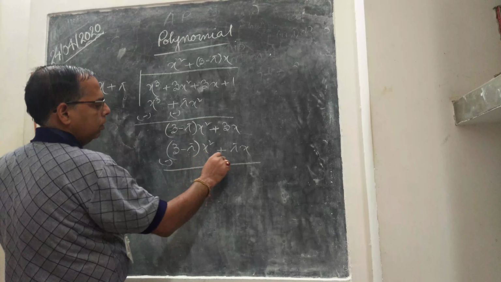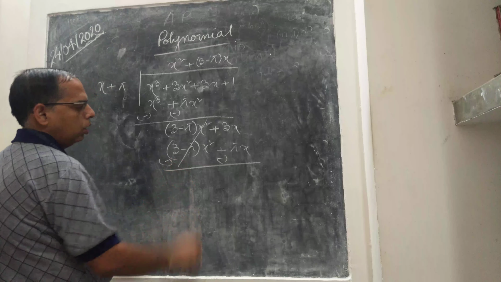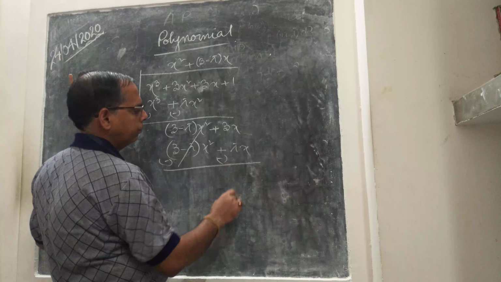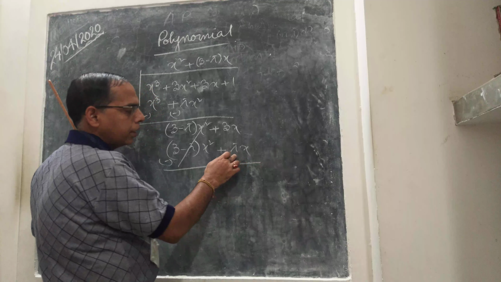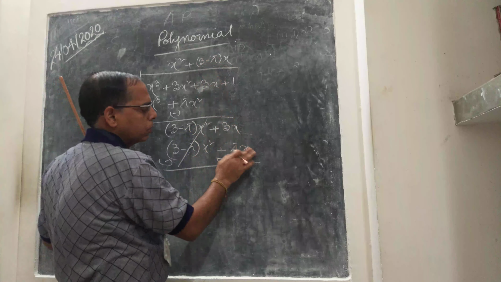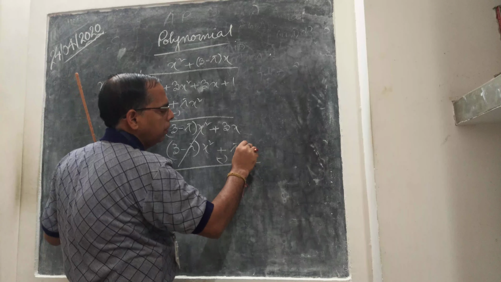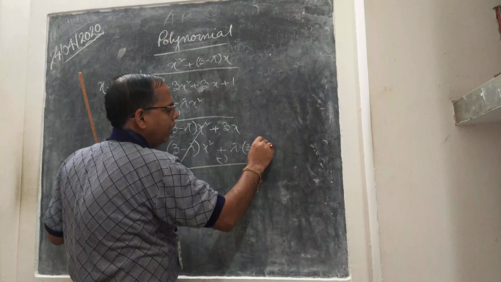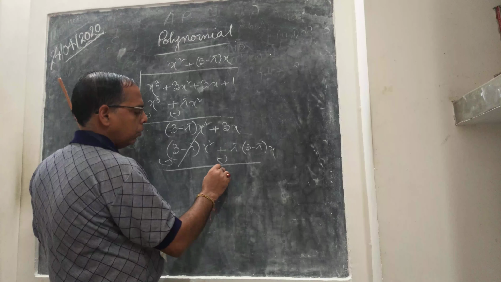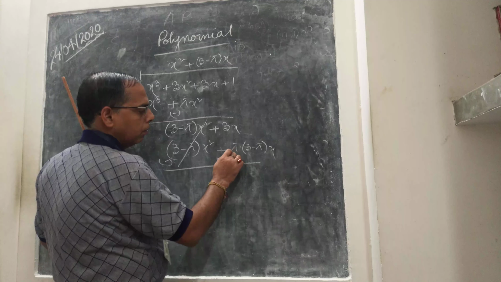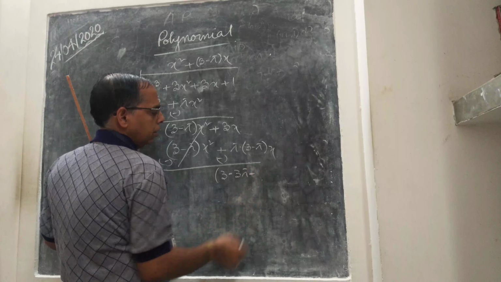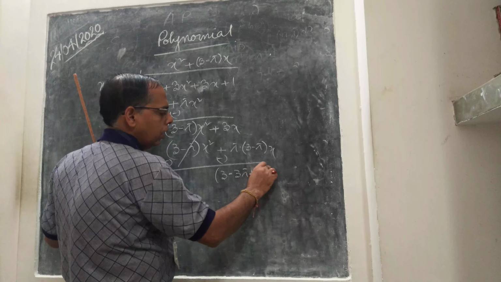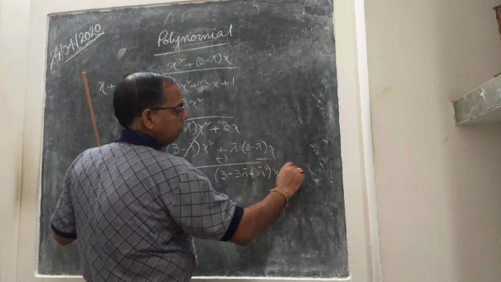Then minus, gone. Then it will be, what have I written rightly? No, this one is supposed to be multiplied. So it will be 3 minus pi x. So once again 3, then minus 3 pi, then plus pi squared x plus 1.